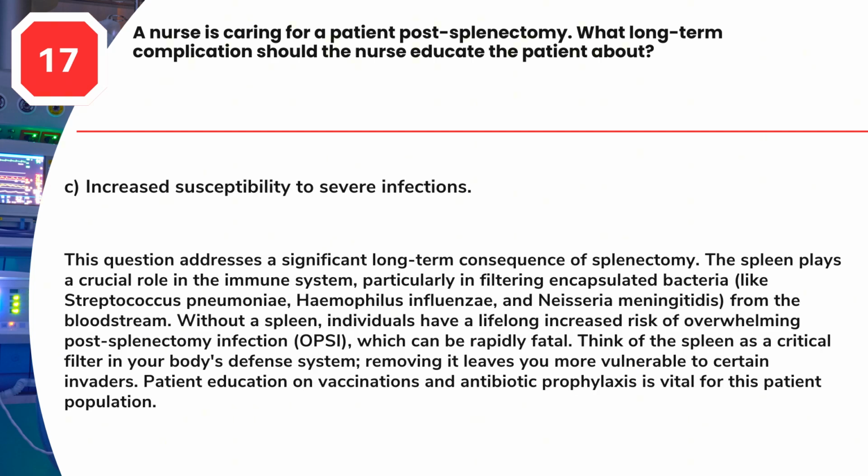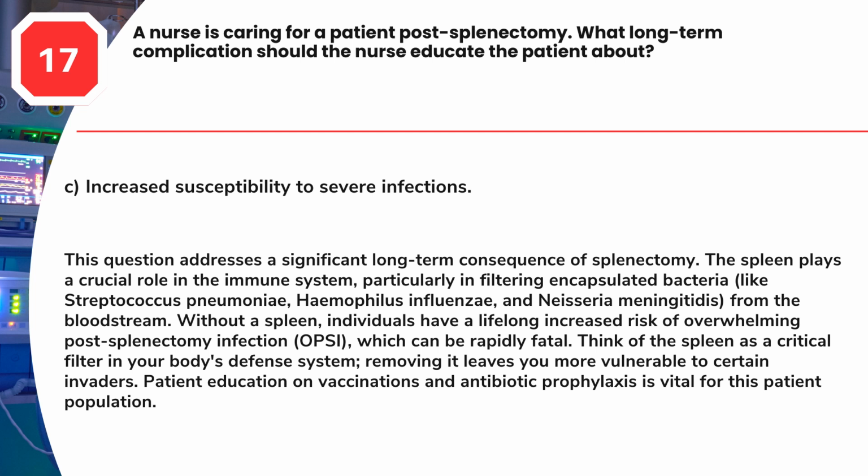Answer C. Increased susceptibility to severe infections. This question addresses a significant long-term consequence of splenectomy. The spleen plays a crucial role in the immune system, particularly in filtering encapsulated bacteria, like Streptococcus pneumoniae, Haemophilus influenzae, and Neisseria meningitidis, from the bloodstream.